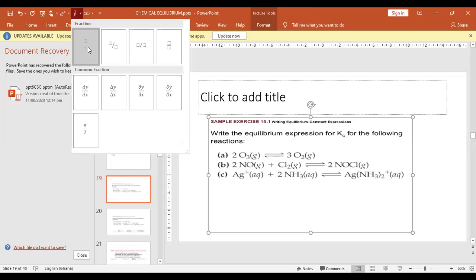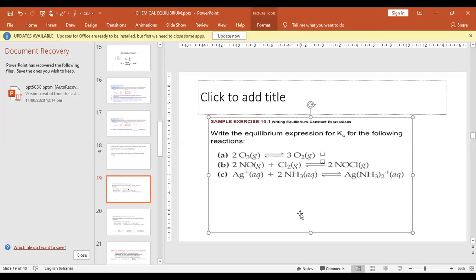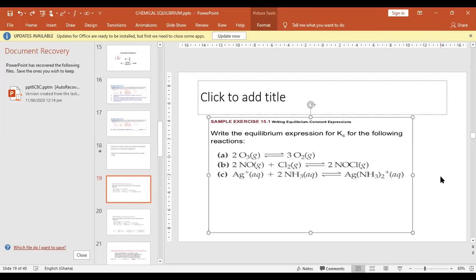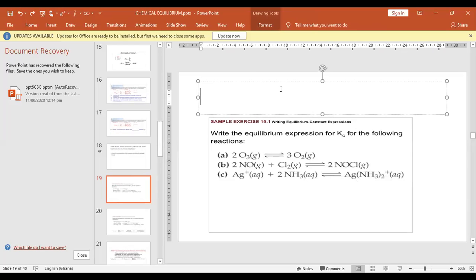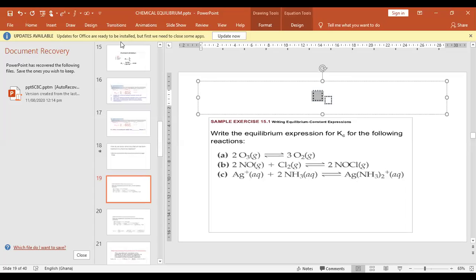So as we're saying, with the first one, Kc should be equal to the concentration, so square bracket, of the product. What is at the right side there?